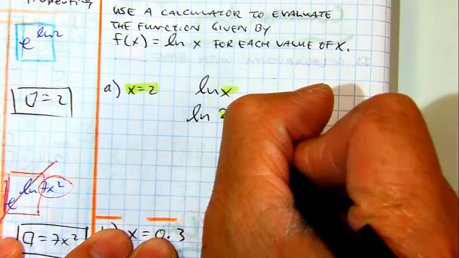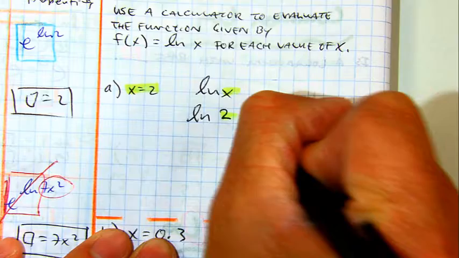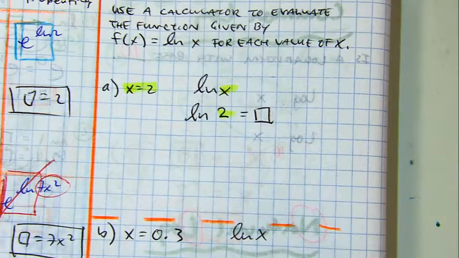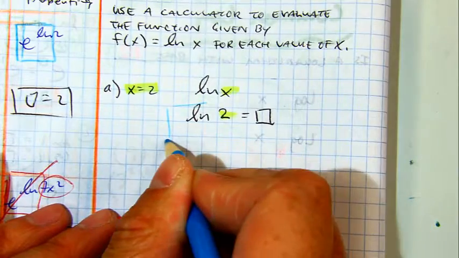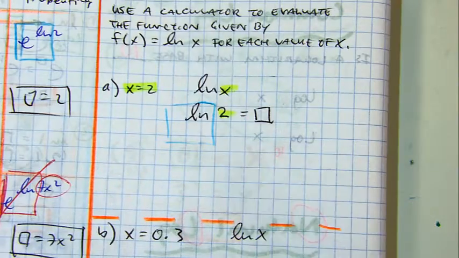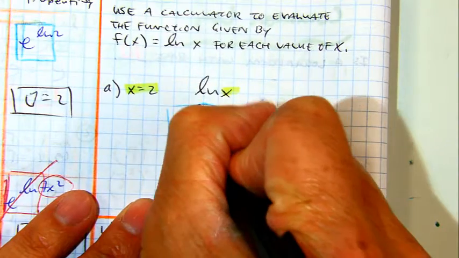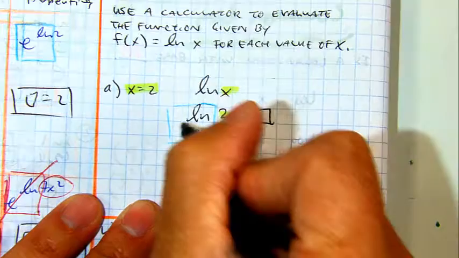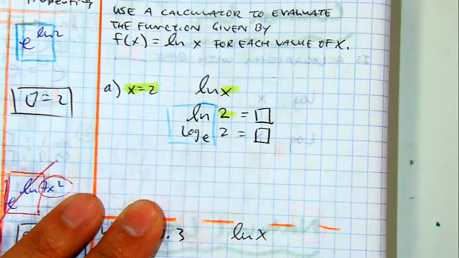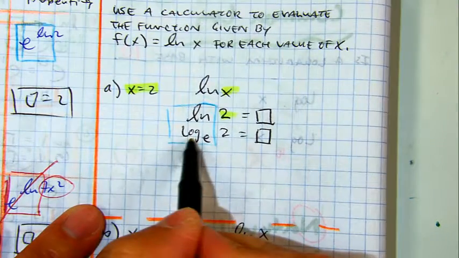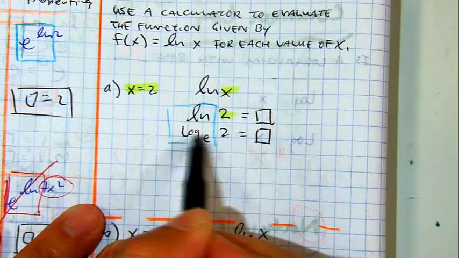Let's use a box. The natural log is what? Log base e of 2 equals the box. We have log form, and we try to go to exponential form.